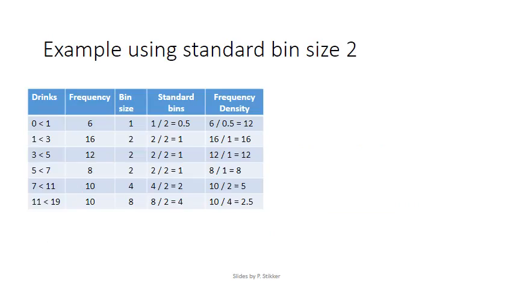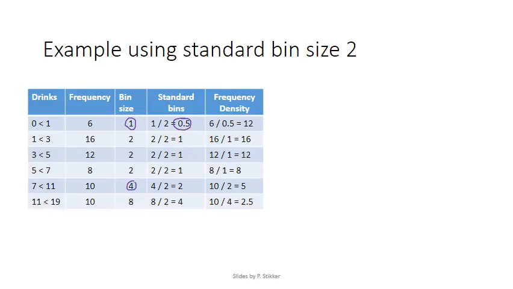It's usually the bin size that occurs most often, in this case 2, that will be selected as the standard bin size. So I'll be using that also in my example here. Now the first thing we need to do is look at all the other ones that do not have the standard bin size. In this case, the first one is a bin size of 1, which is only half of the standard bin size.